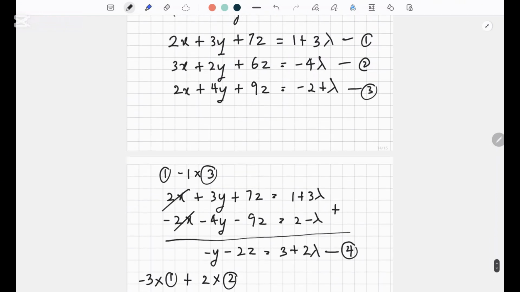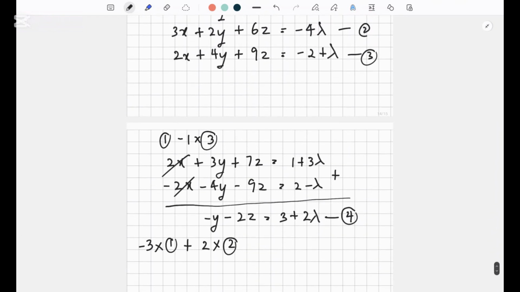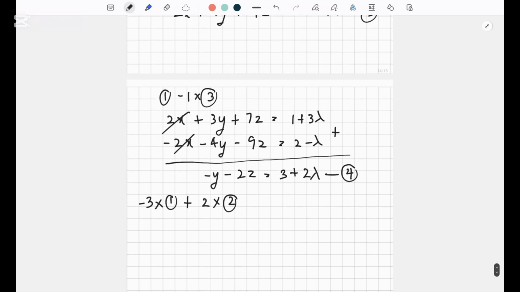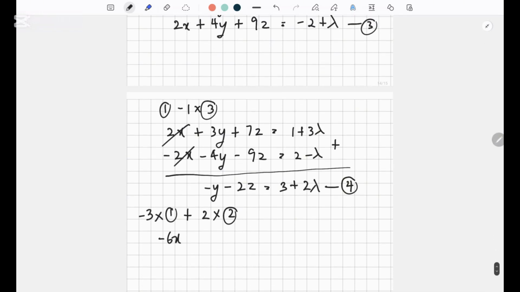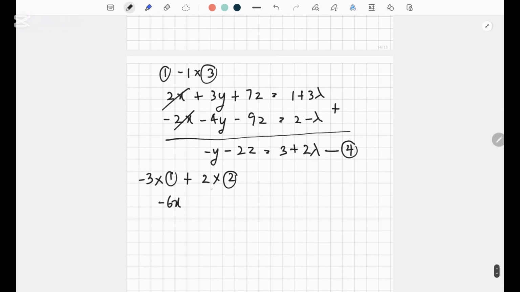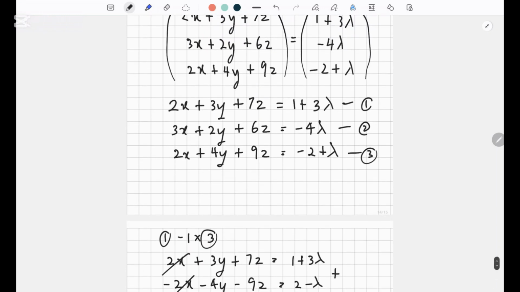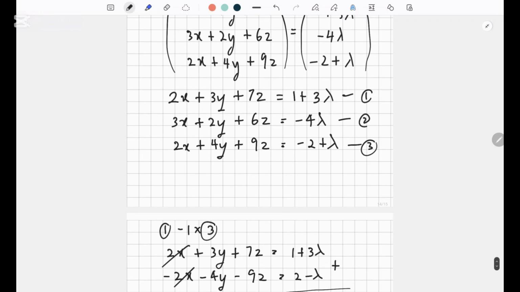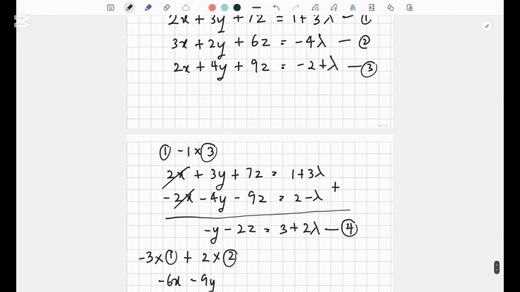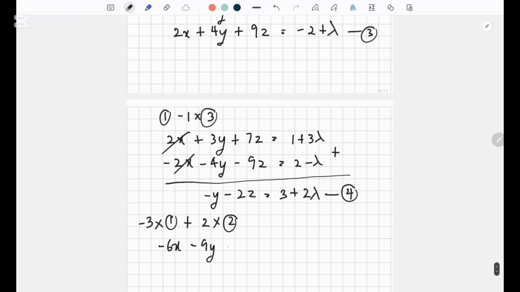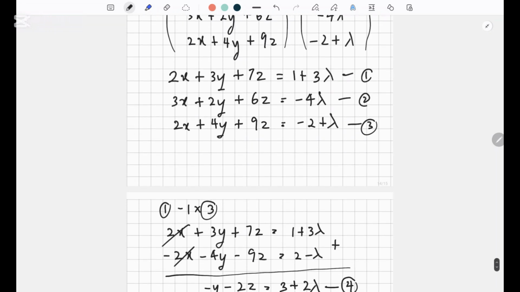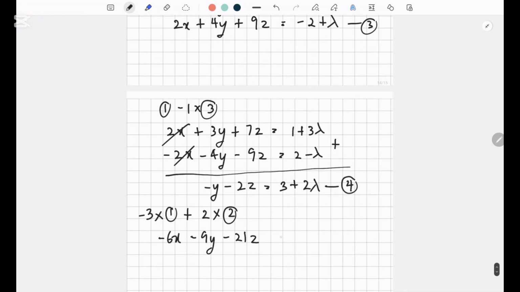So minus 3 into the first equation, which is minus 6x minus 9y minus 21z equals minus 3 into 1 plus 3 lambda.